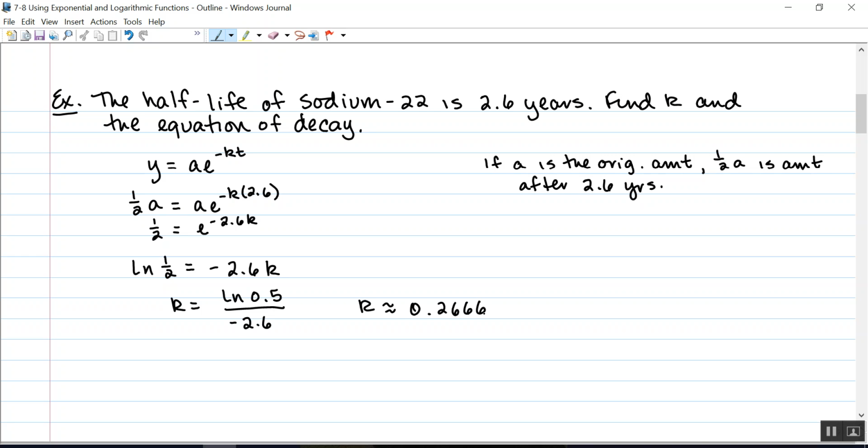So that means my equation of decay is going to be y equals a times e to the negative 0.2666t.